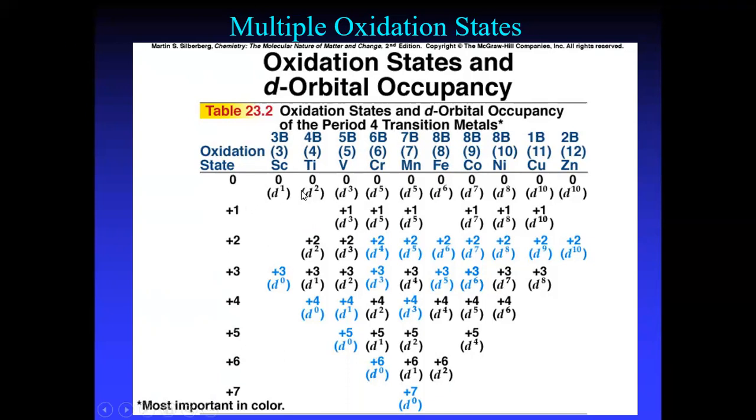So d block means, see the 3d series, +1 oxidation state. Vanadium exhibits +1, chromium, manganese, cobalt, nickel, copper exhibit +1. Here the d configuration is also written.